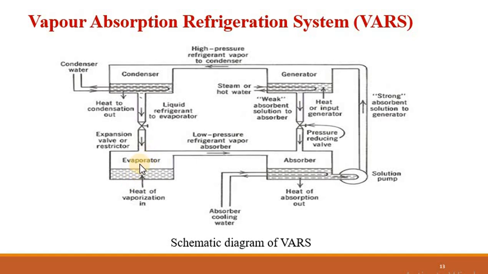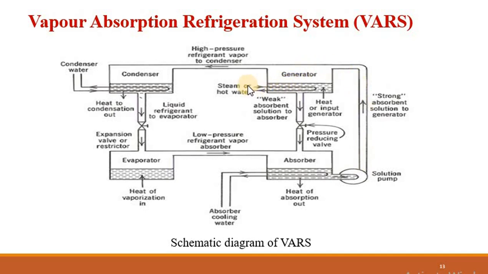The vapor from the evaporator goes to the absorber, where there is already a solvent available. That solvent mixes with or absorbs the solute, the refrigerant vapor, and makes a solution. The solution is pumped through a solution pump. Then it goes to the generator.